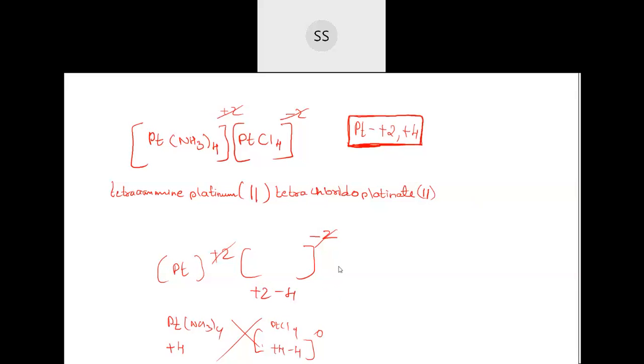Did you understand, students, how to do this? Should I repeat this once again? Okay, I will repeat. Wait 1 minute. Naming is understood. Only the oxidation state might be a problem. Correct, no? Naming, have you understood?